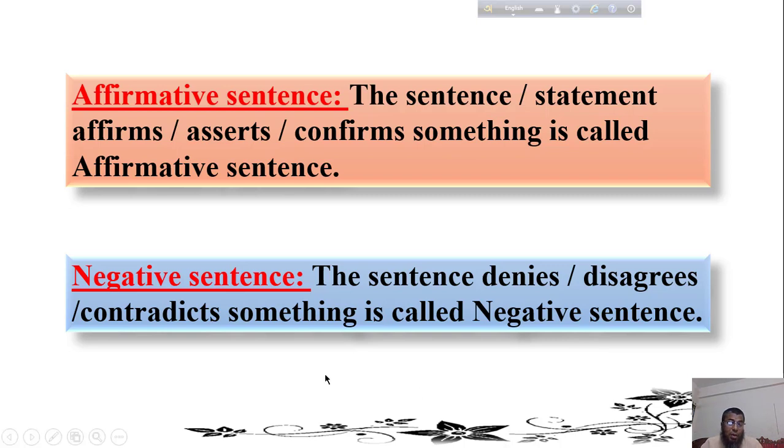I think you have an idea about affirmative sentences. I repeat: the sentence which expresses the positive things of a person or thing, by which we affirm, assert or confirm something, is called an affirmative sentence, and by which we deny, disagree or contradict something, that is a negative sentence. Fine.